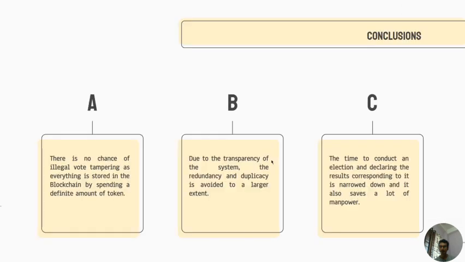So let's conclude it. There is no chance of illegal vote tampering, as I showed you, because I have to spend some kind of token. Due to the transparency of the system, redundancy and duplicacy are avoided, which I also showed you. The time to conduct an election and declare the results is narrowed down.